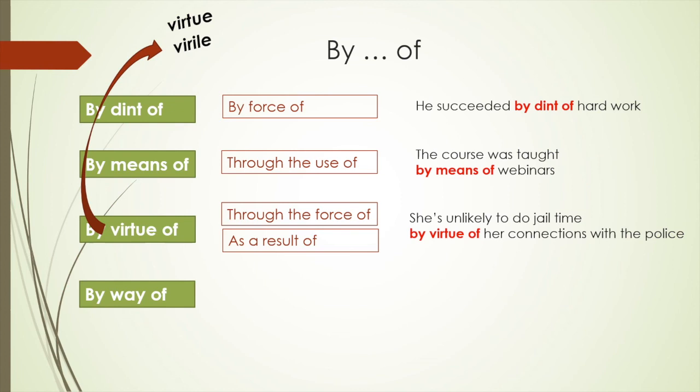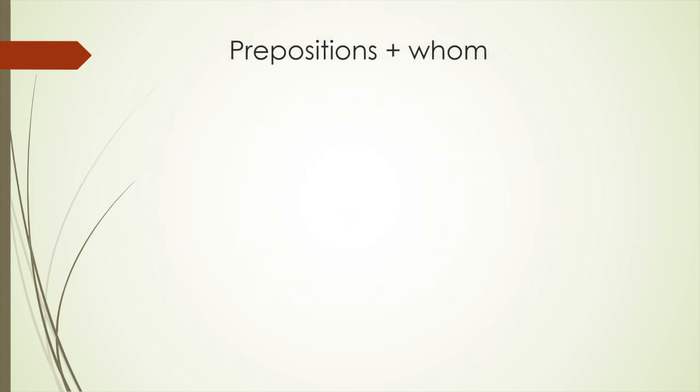It's connected with force, physical force. But in practical terms it is as a result of. So, as a result of her connections, by virtue of her connections, by way of, for the purpose of, by way of example, all right?